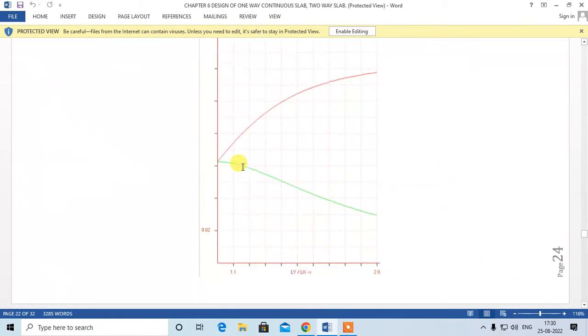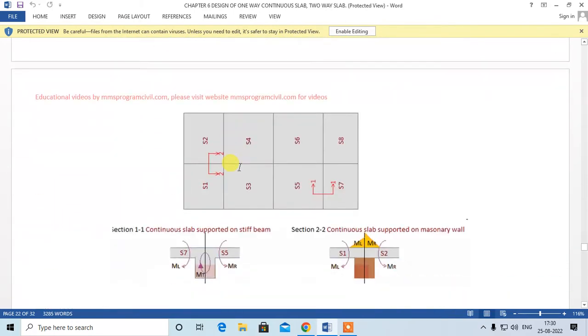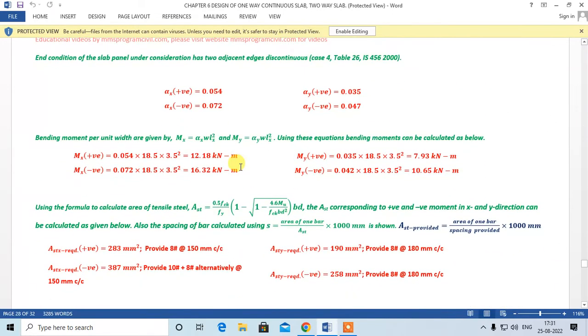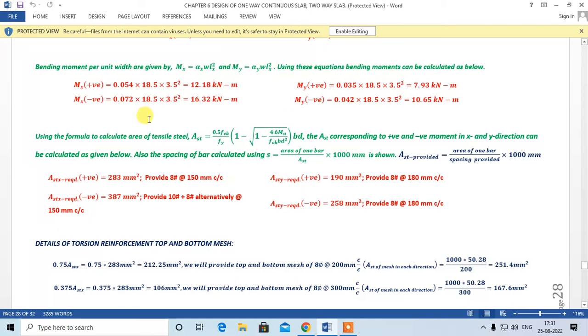So let us see the detailing part. Once you know the moment, you can use this formula, because ours is a rectangular singly reinforced under-reinforced section, and using this formula you can find the steel. So for Ast x positive, this is the required steel, and we are going to provide 8 mm at 150 center to center.